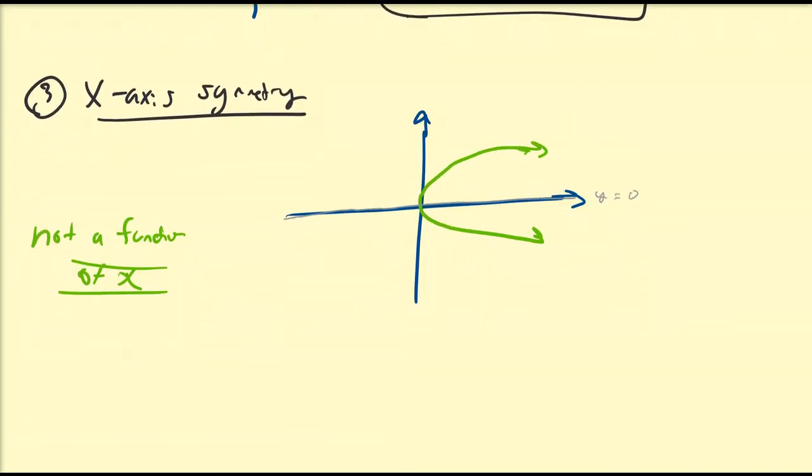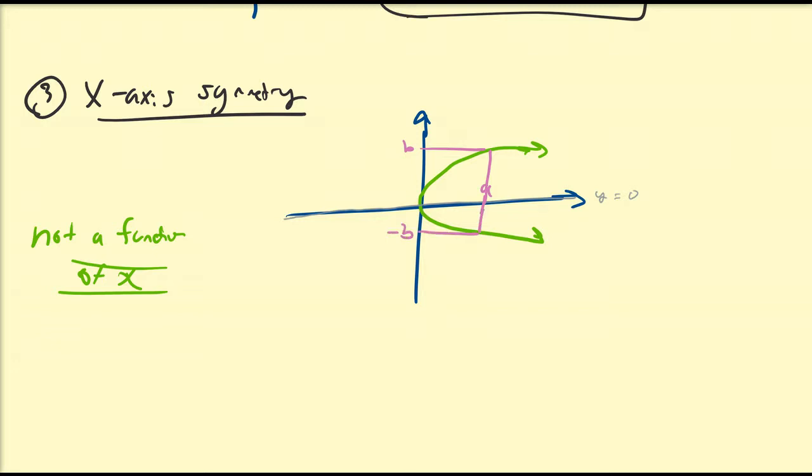So is there still an algebraic relationship that we can plug in here to see that it is symmetric about the x-axis? Yes. If we pick a point a, this is going to correspond to some y value, say b, and then this is also going to have some value.